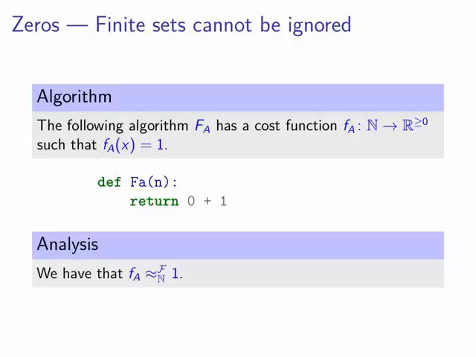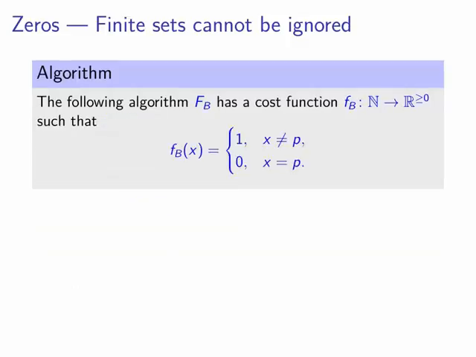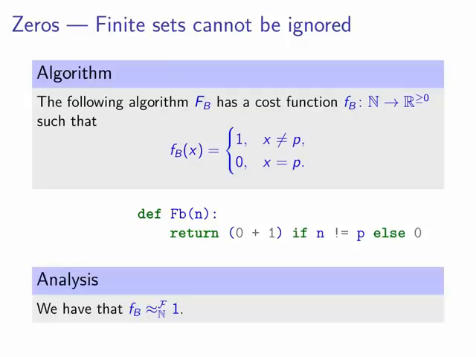And it's equivalent to 1 under the local linear dominance. And here's another algorithm that has a cost function which is otherwise 1, but at the point P it's 0. According to the local linear dominance, this is also equivalent to 1.